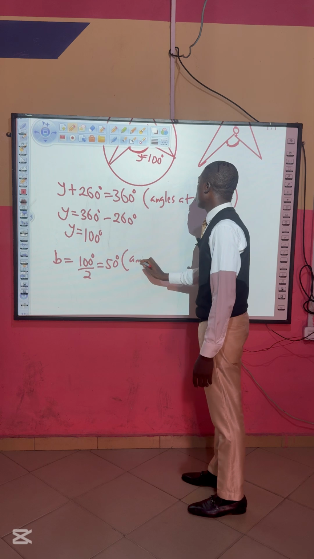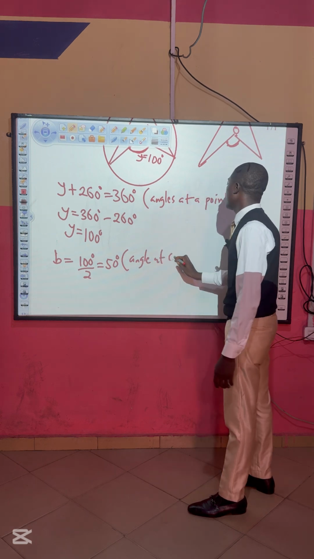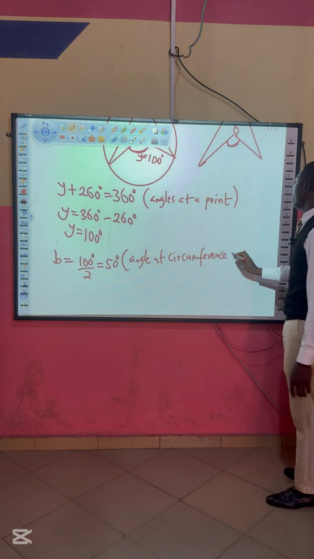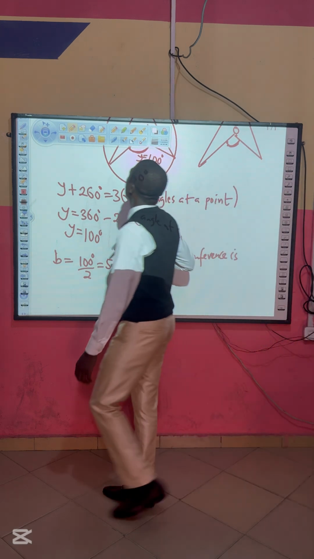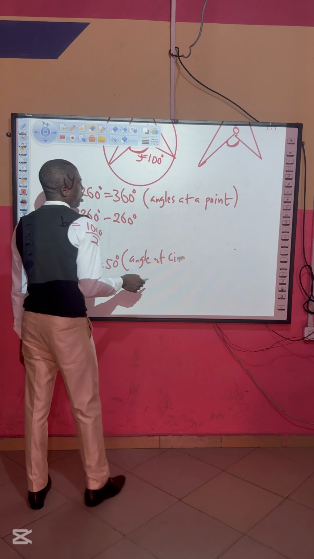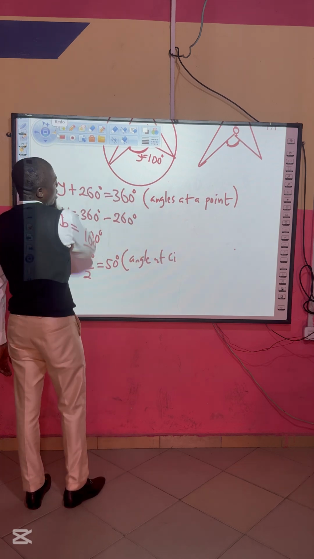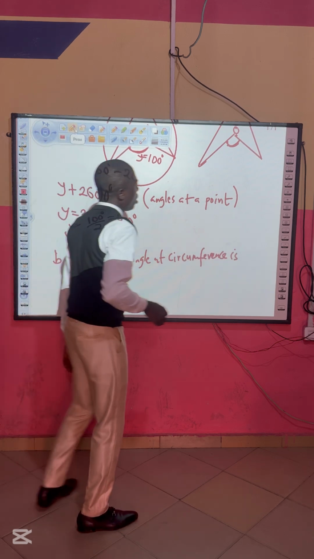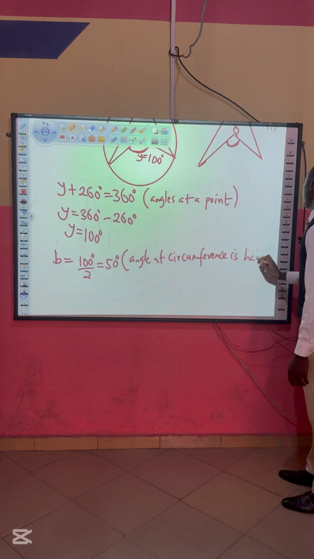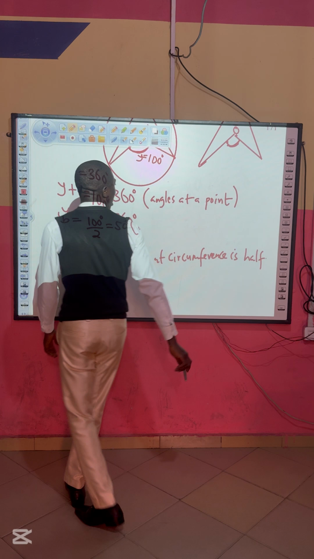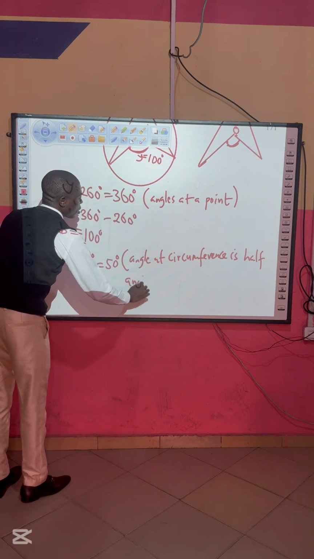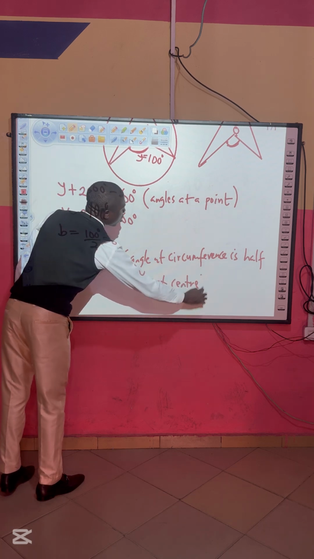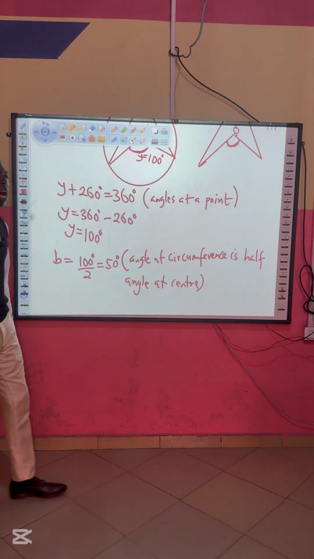We will now say angle at circumference is half angle at center. So this is the reason: angle at circumference is half angle at center.